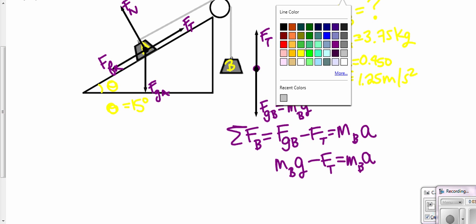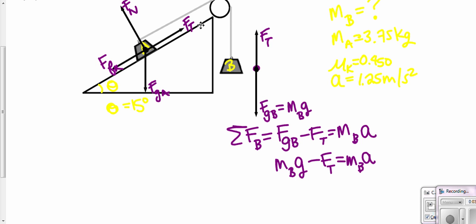I'm going to make this one in, I don't know, aqua. So let's call this my x direction because we do have multiple components here. Draw horrible arrows here. If this is theta, this angle right here is also theta. So the sum of the forces that are acting on block A will be the force of tension.